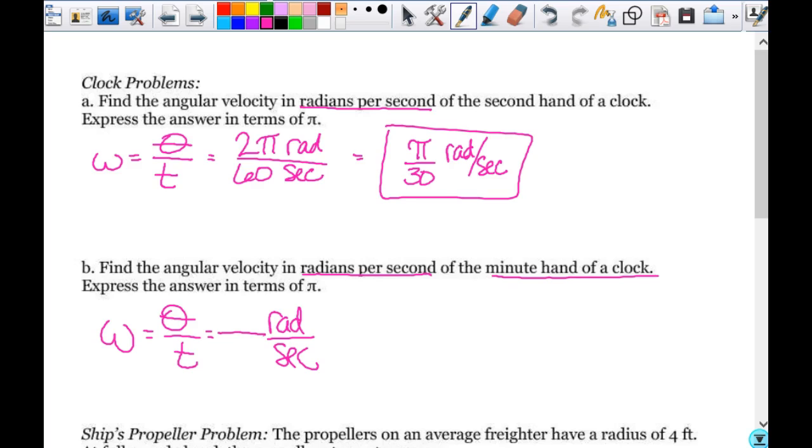So how many seconds are in a minute? Oh, I already did that. The minute hand of a clock. Did I do this wrong? Oh, no, that's right. Okay.